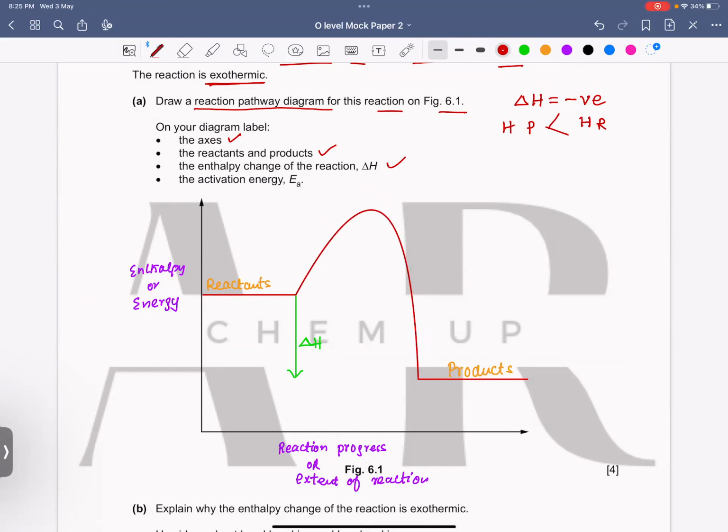Here the activation energy starts from the level of the reactants to the highest point of the curve, that is the activation energy. So here you go.